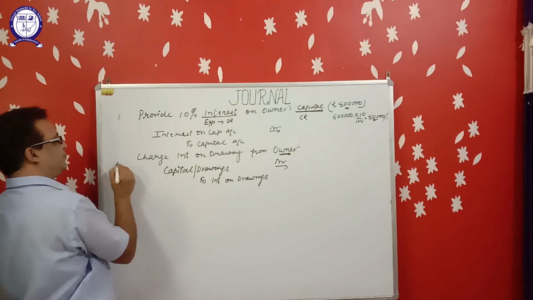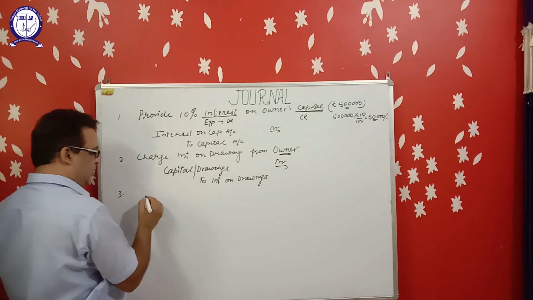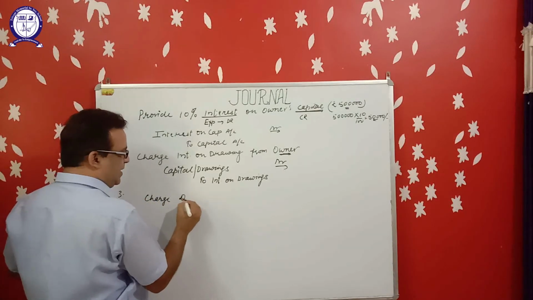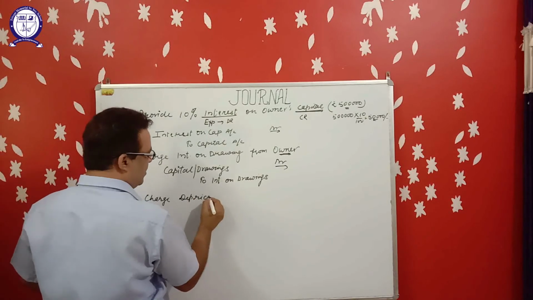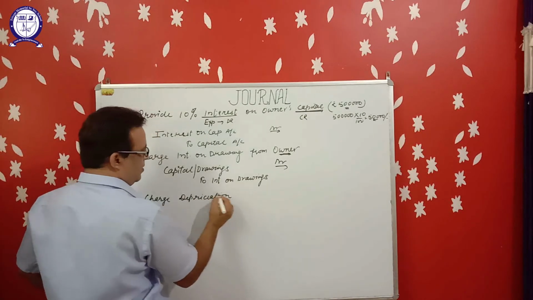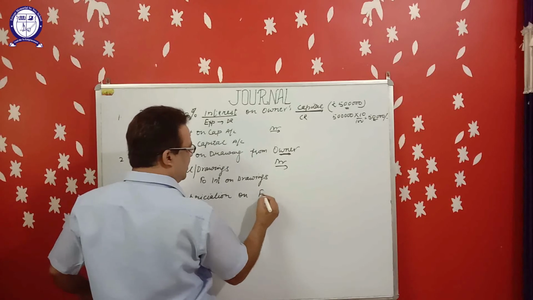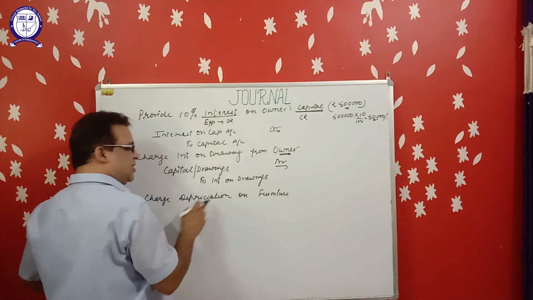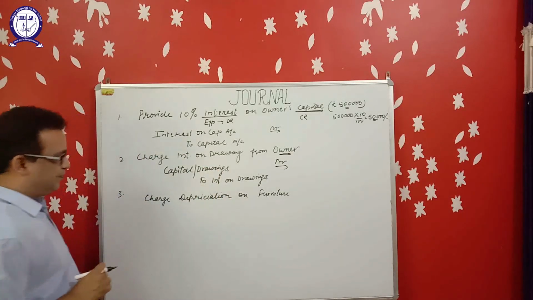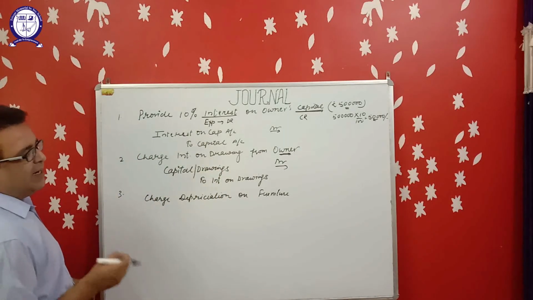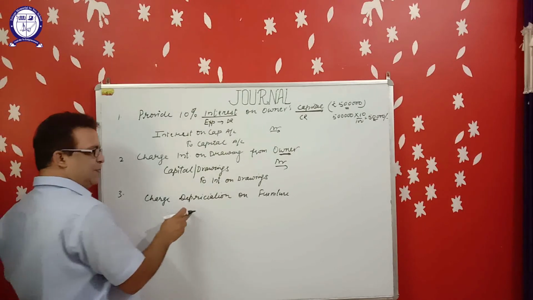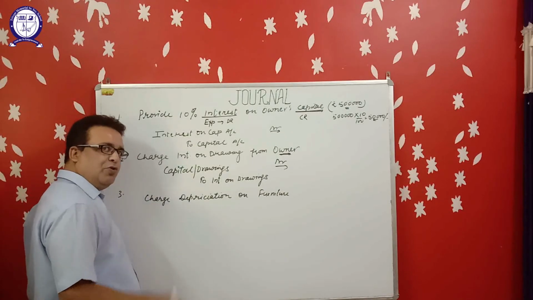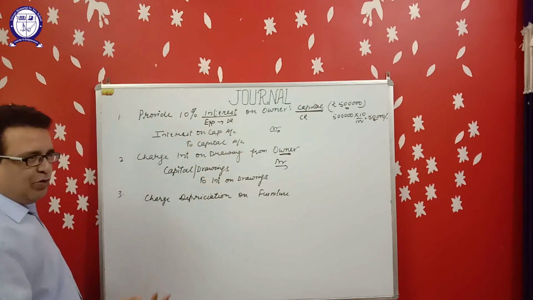Next, charge depreciation on furniture. You know, depreciation is charged on every fixed asset except land and investment. What is depreciation? Depreciation means decrease in the value of fixed assets due to any reason, due to wear and tear, due to excessive use.